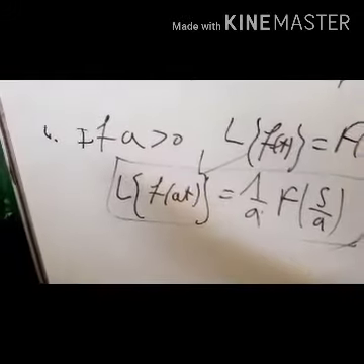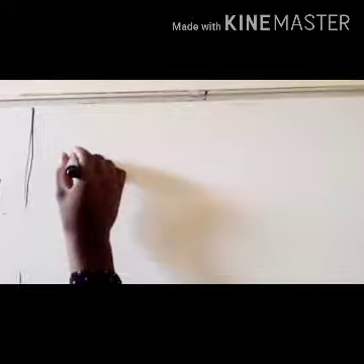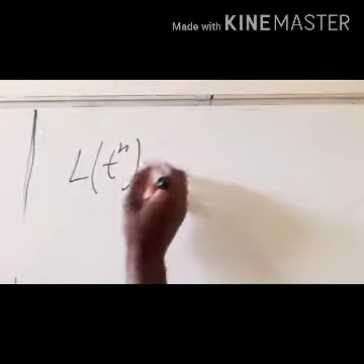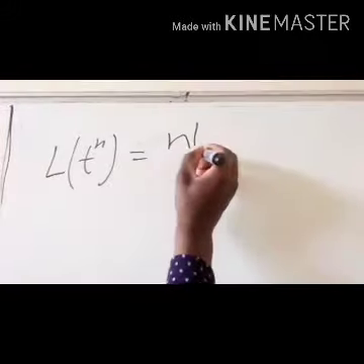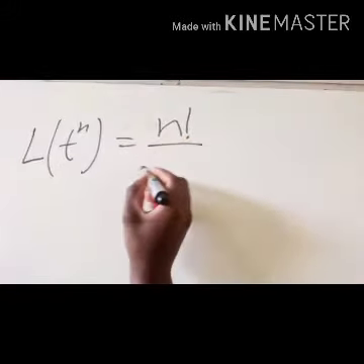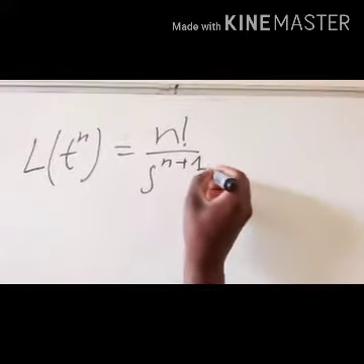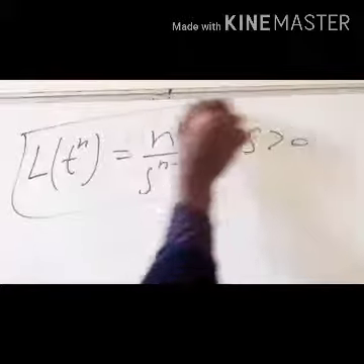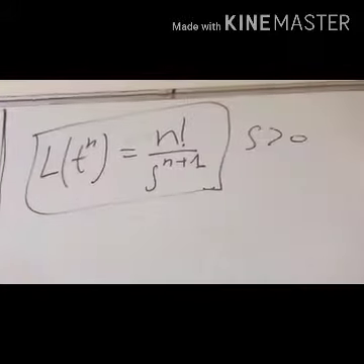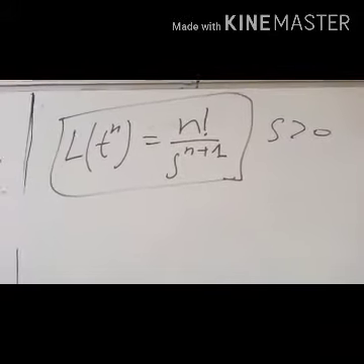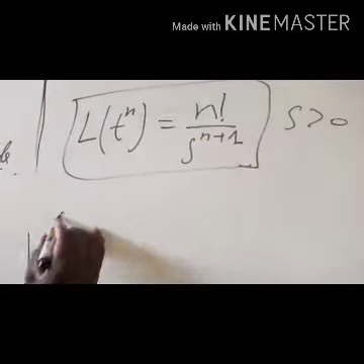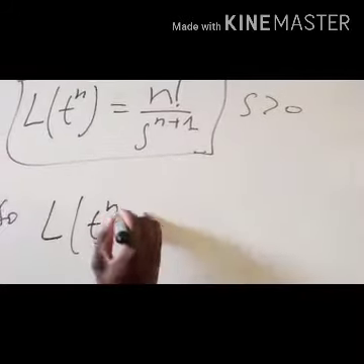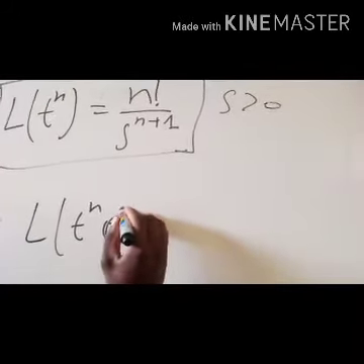We also get the transform of t^n is equal to n factorial over s^(n+1), when s is greater than 0. This is another formula for using this equation.